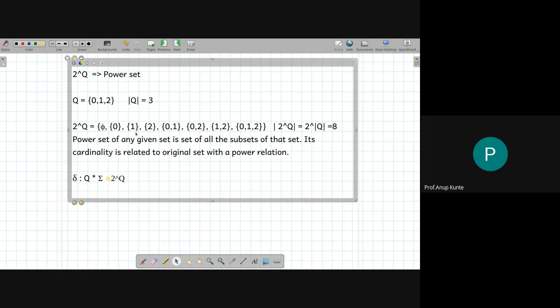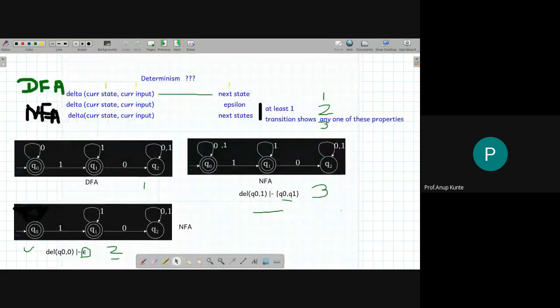When I want to select multiple next states, I can select either this subset, this subset, this subset or this subset. So ये जो power set मैं बना रहा हूँ, which is the set of subsets of original set, it is helping me define these two situations.